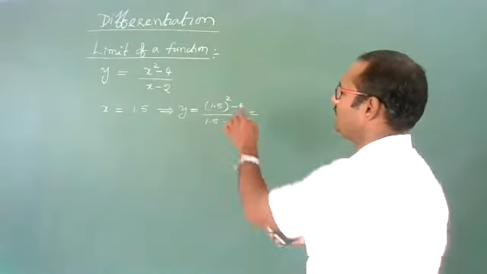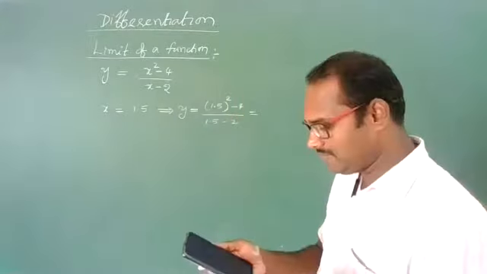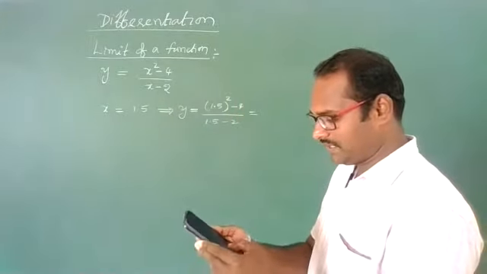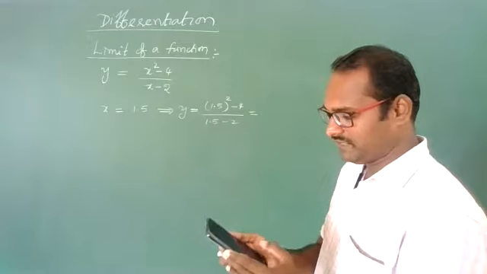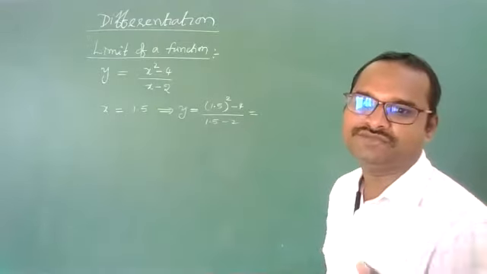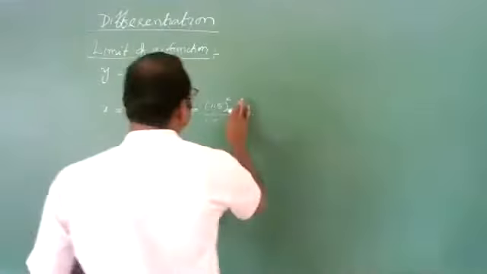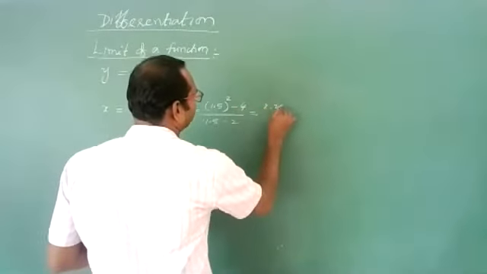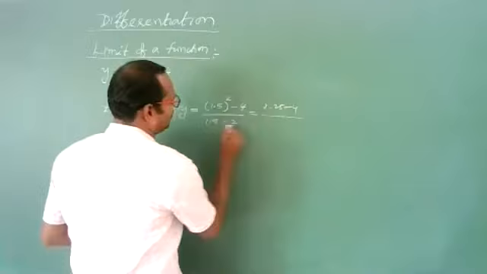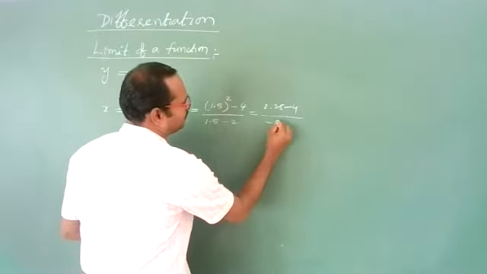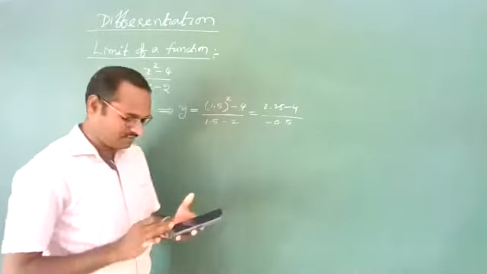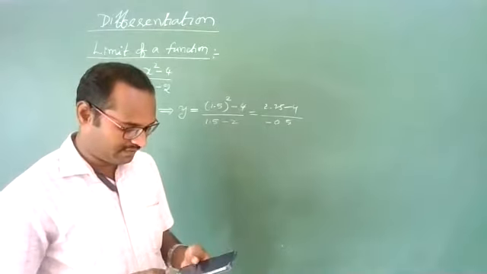I want 1.5 squared. I know, but one more time I am doing 1.5 into 1.5. It is 2.25. Then 2.25 minus 4, divided by 1.5 minus 2, which is minus 0.5. From 2.25 we need to subtract 4.